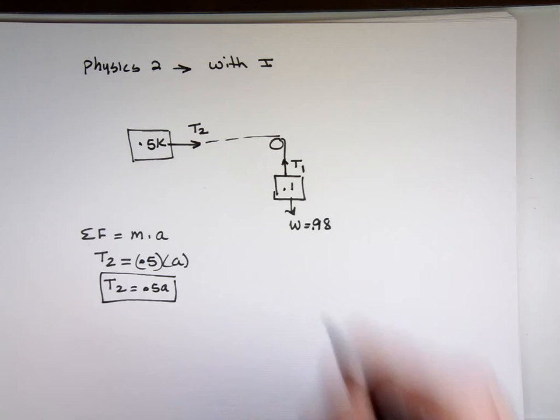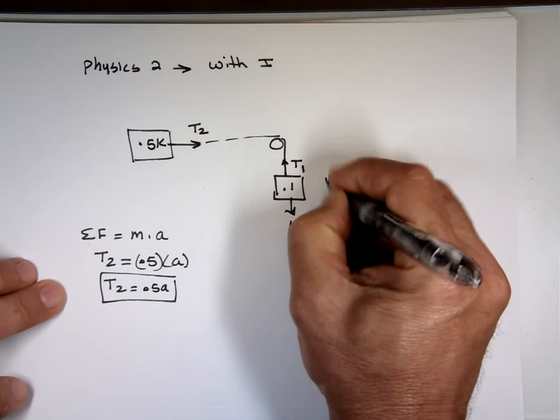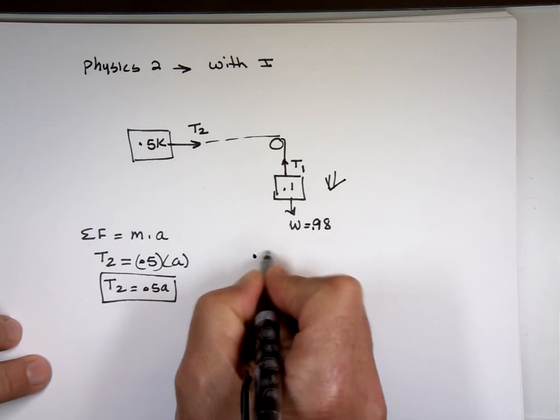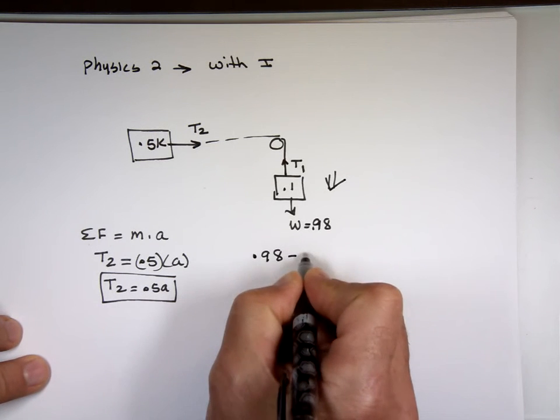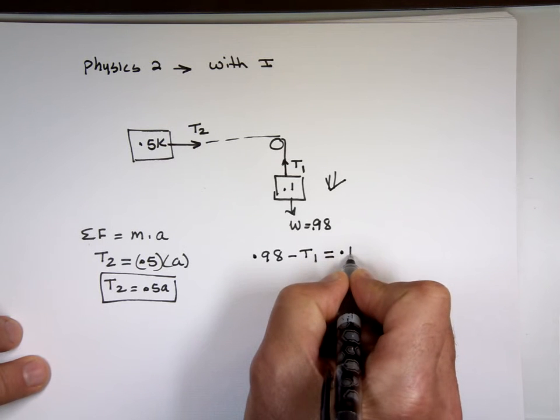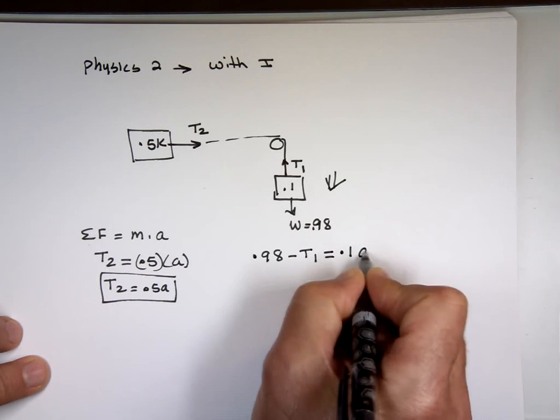This one is moving down. So it's 0.98 minus T1 equals the mass, which is 0.1, times the acceleration.